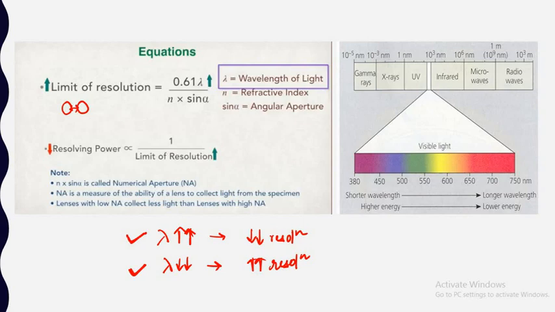That's the reason in the electromagnetic spectrum we are only using the visible light, so that we can get better resolution. This is how the wavelength affects the resolution.